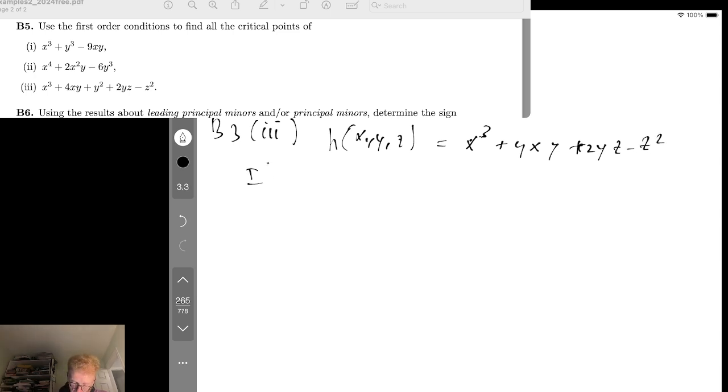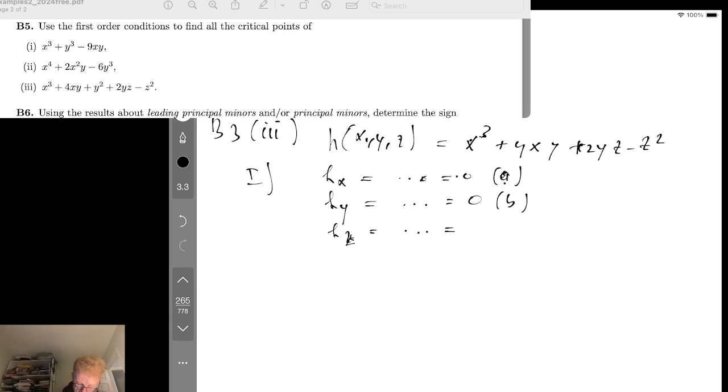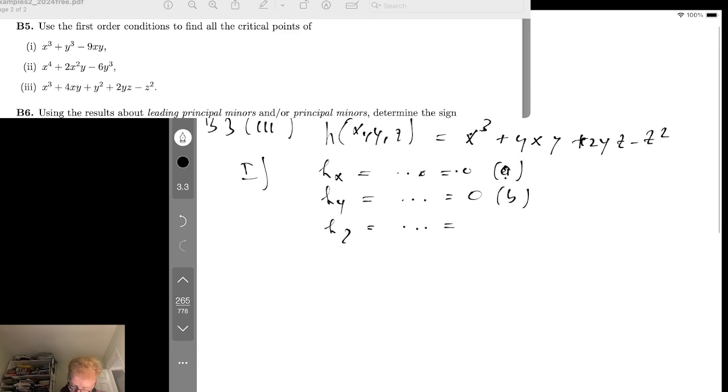So step 1 is calculate h_x, equated to 0. That's relationship A. Calculate dh/dy, whatever it is, equated to 0, call that B. Calculate dh/dz, that is 0. That's relation C.